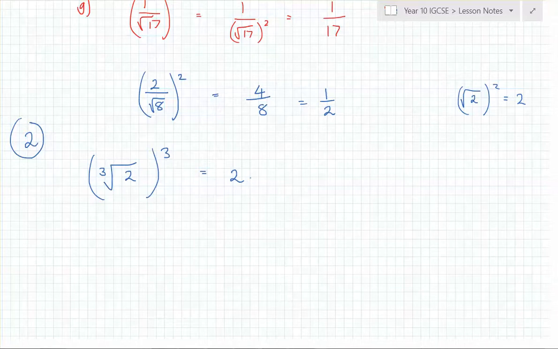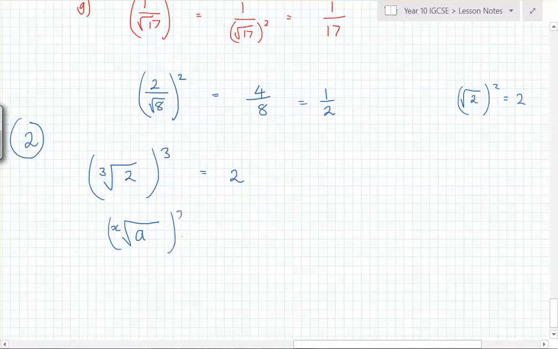A little shark bites the little power 3, or power x. If it's power x, it's any number. So I could say a to the x, root to the power of x, will be a, as long as the x's are the same.